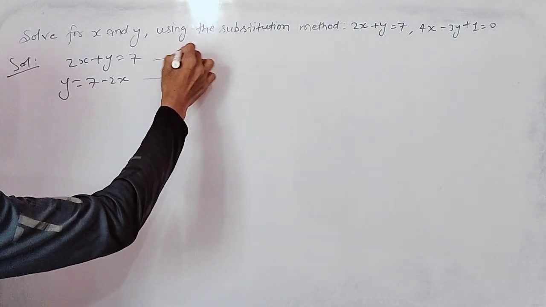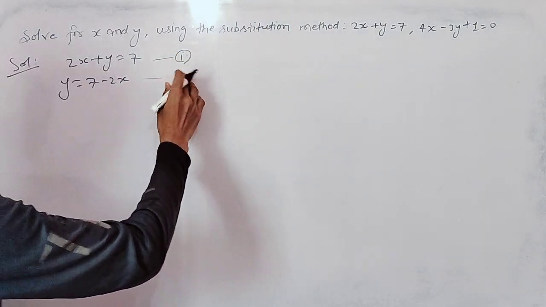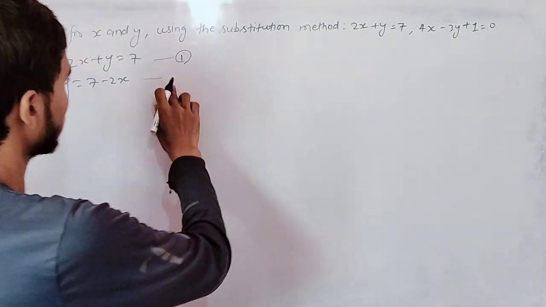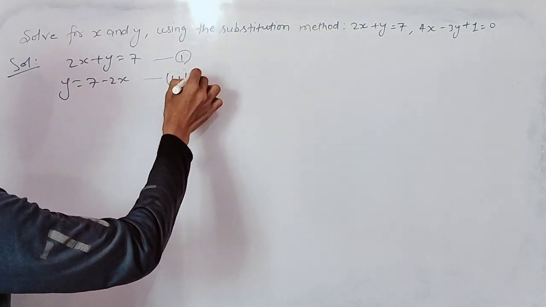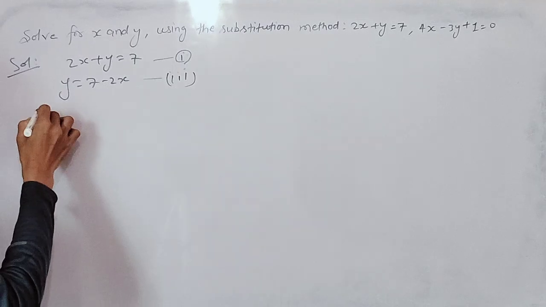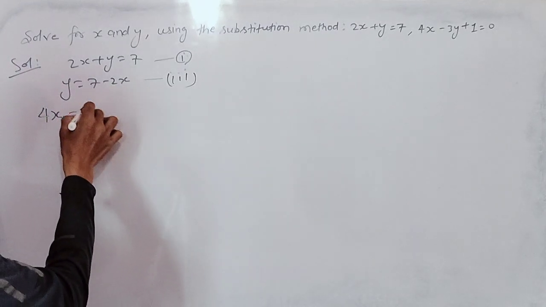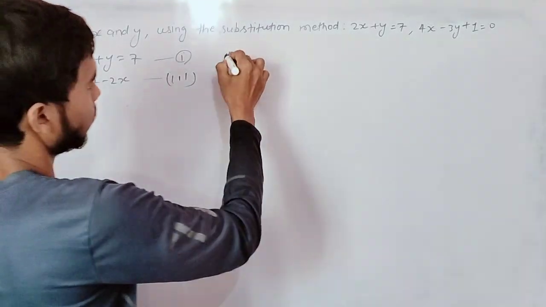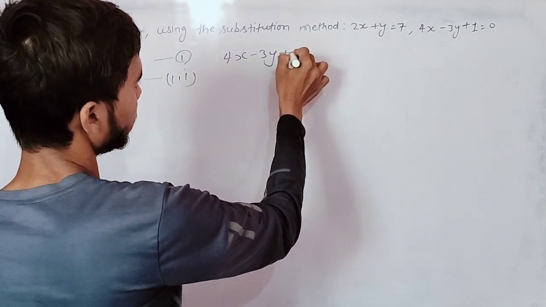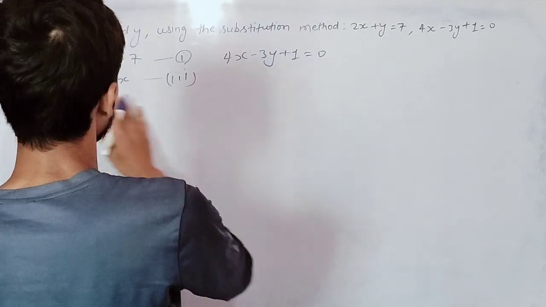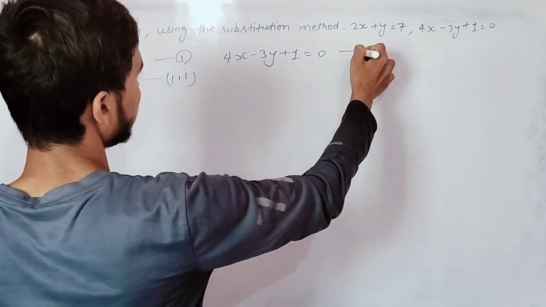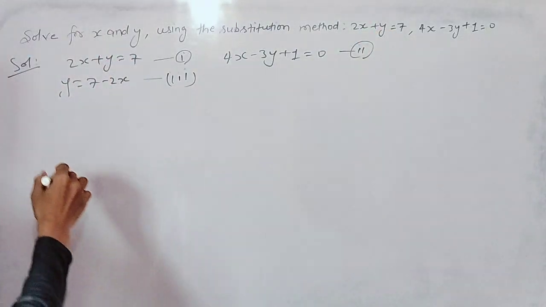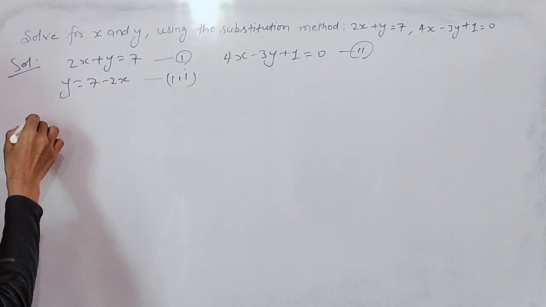Let's say this was 1 and this is the third. 4x minus 3y plus 1 is equal to 0. It is the second equation.